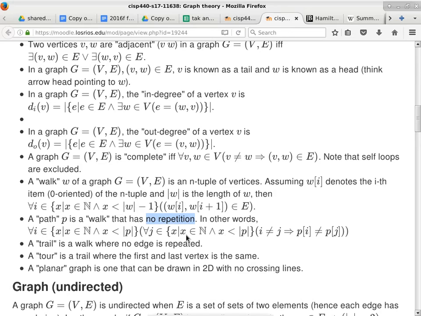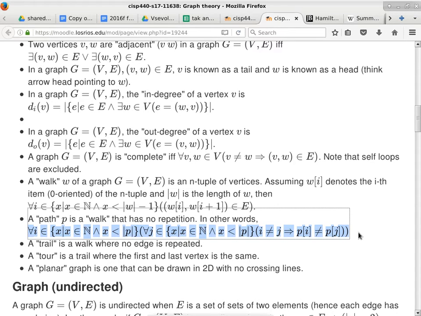That's easy to say in English, but how do we say that in a mathematical way to define it? Why do we want to do something like that? I mean, if the English version is already clear enough, that a path is a walk with no vertex repetition, why do we even care about the other way to express exactly the same thing, but in a much more convoluted symbolic way, using only these symbols?